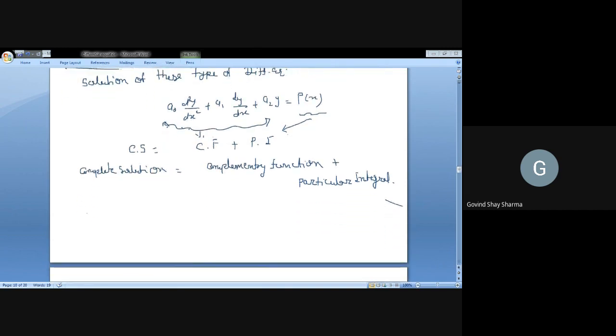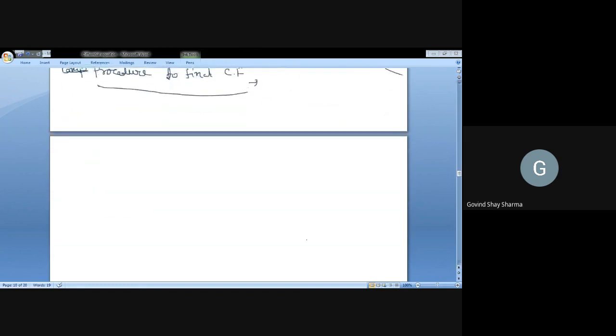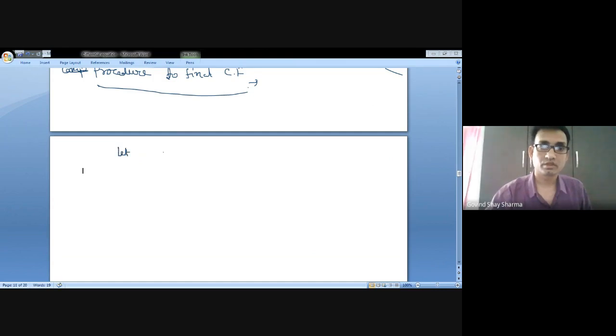First, the complementary function. Procedure to find it: let the differential equation be a0 d2y/dx2 plus a1 dy/dx plus a2 y is equal to f(x).